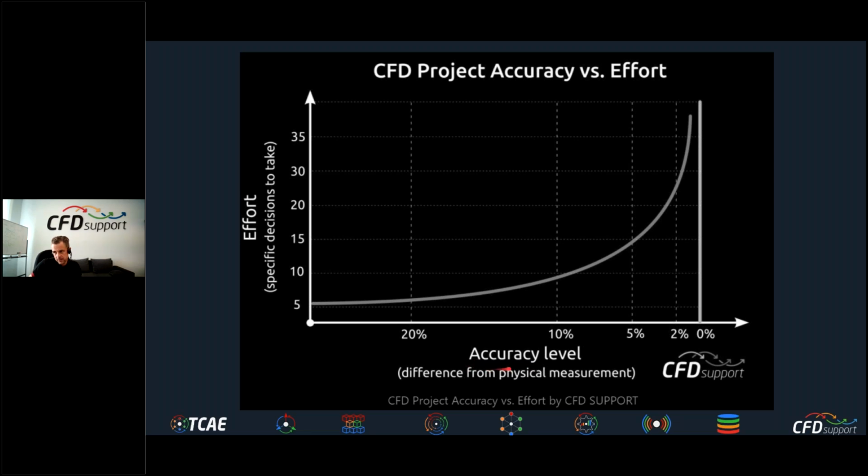We have this accuracy level in percentage, which is the deviation from the perfect results. So 0% would be perfect results. Nobody knows what perfect results are, but it's some belief, and you can get closer and closer to it. So with 10 decisions, you can have something like 10% accuracy.